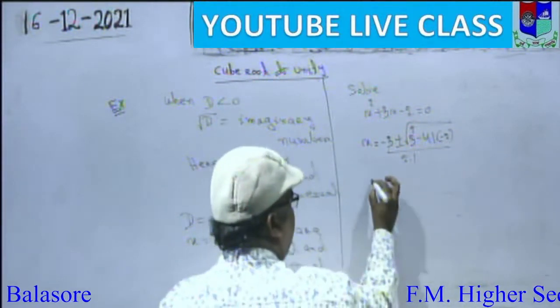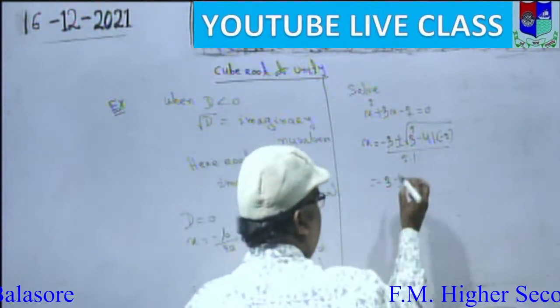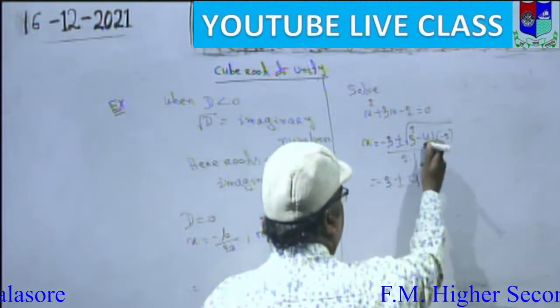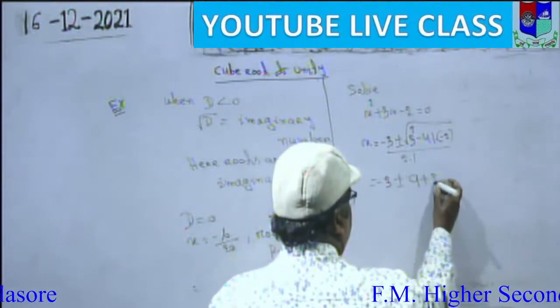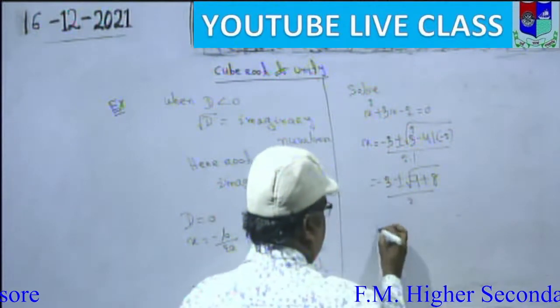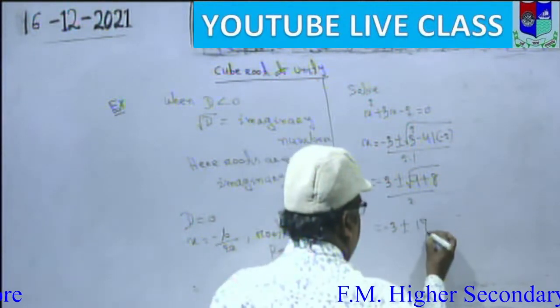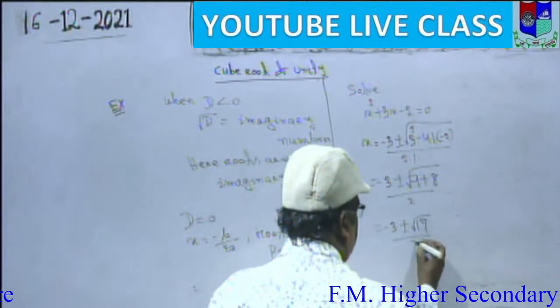So this will be minus 3 plus or minus square root of 9 plus 8, divided by 2, that is minus 3 plus or minus root 17 by 2.